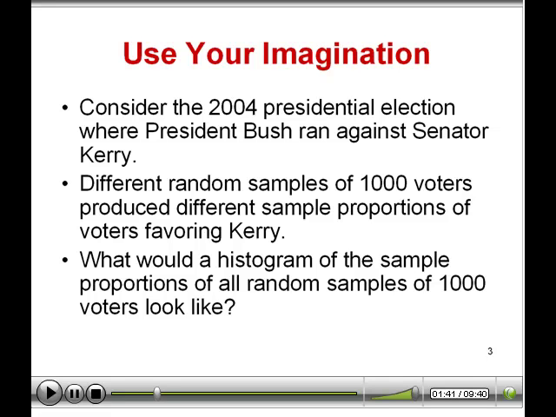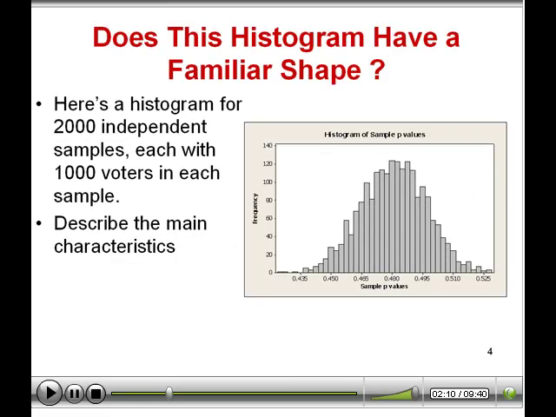So returning to the presidential election of 2004, imagine conducting 2,000 separate polls, each consisting of 1,000 voters. For each of these 2,000 polls, you record the percent favoring Senator Kerry. What would that graph of 2,000 sample proportions look like? Well, it would look something like this.